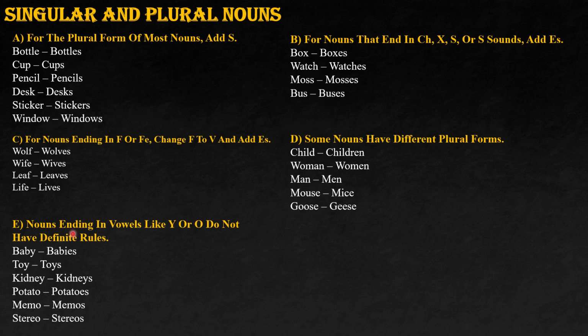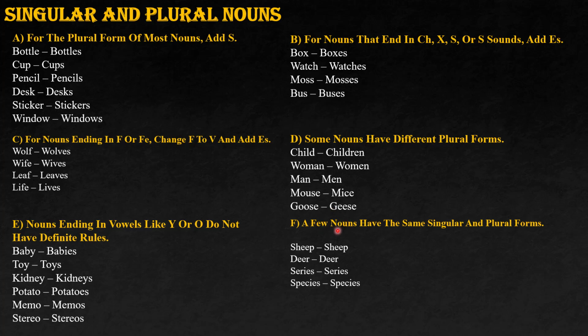Now we have the nouns ending in vowels, y, o, and for that we don't have definite rules. Baby, babies, toy, toys, kidney, kidneys, potato, potatoes, memo, memos, stereo, stereos.